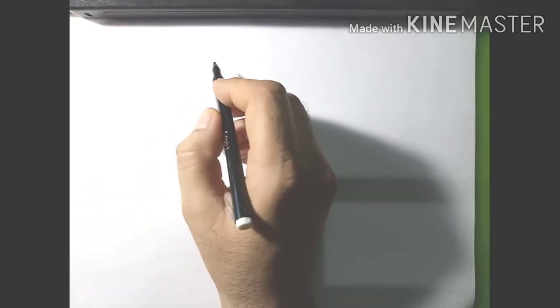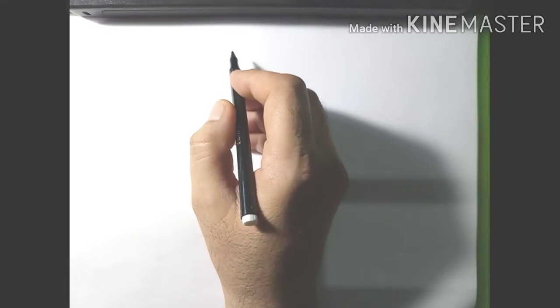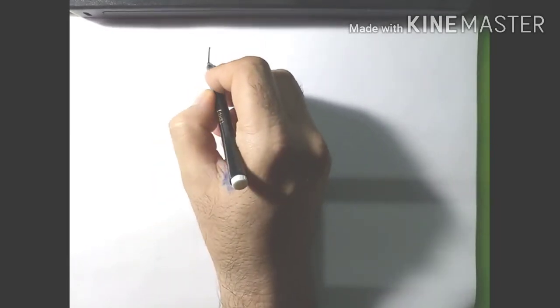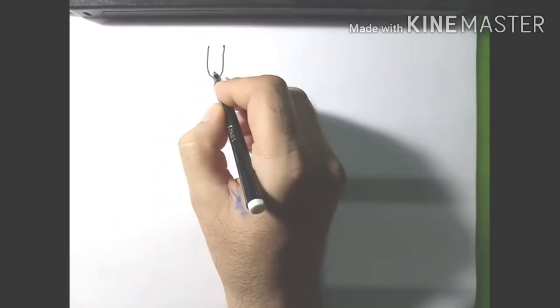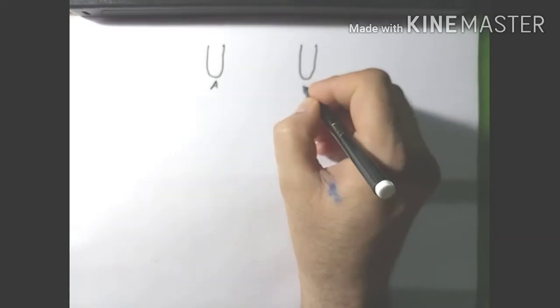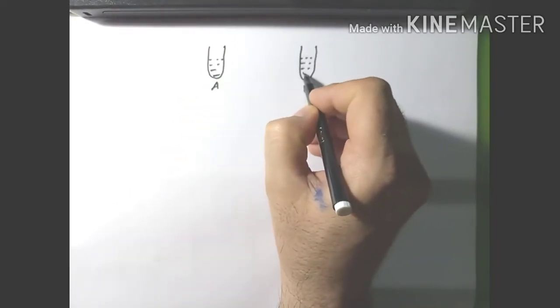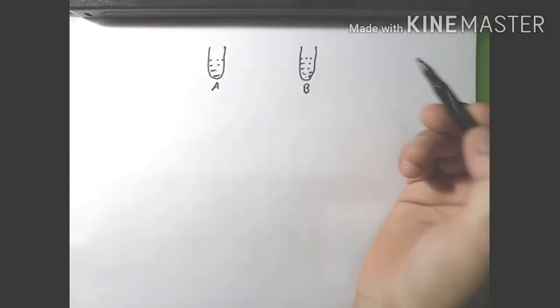Dear students, now we come to another point, and listen carefully. Suppose I give you two test tubes. This is test tube A and this is test tube B. Test tube A has one solution, test tube B also has one solution.